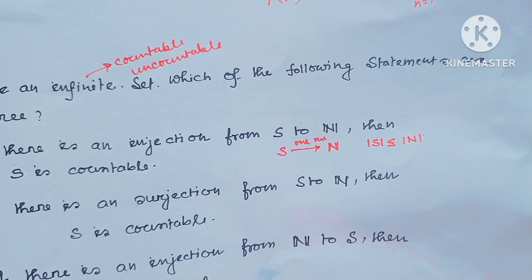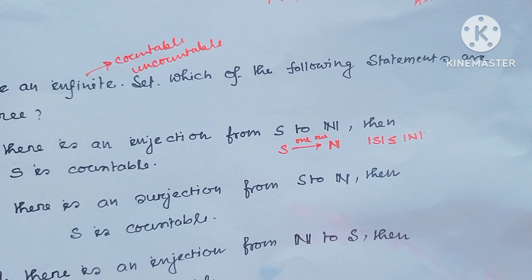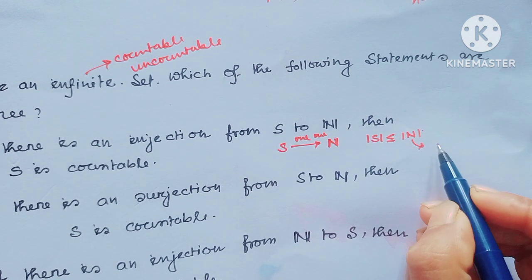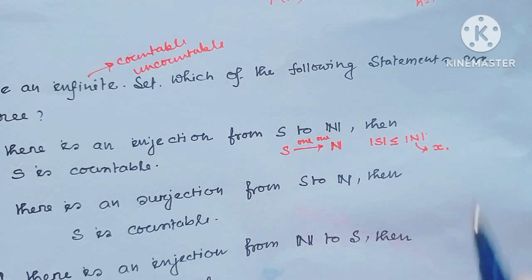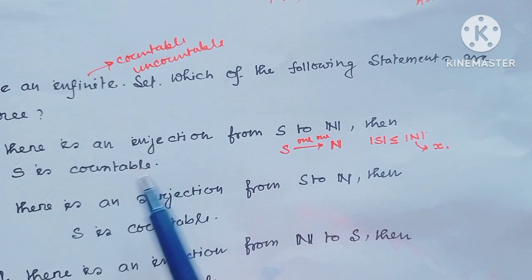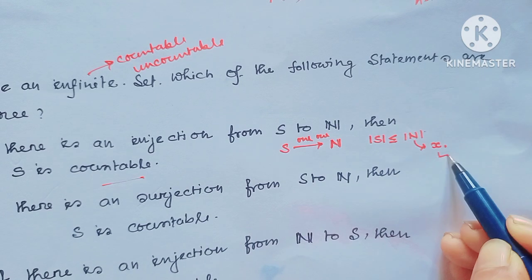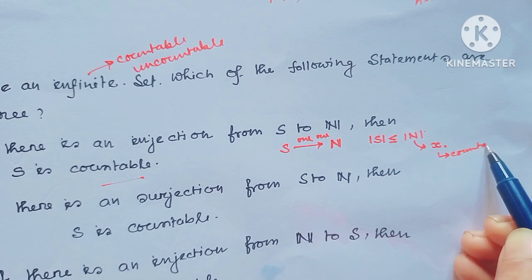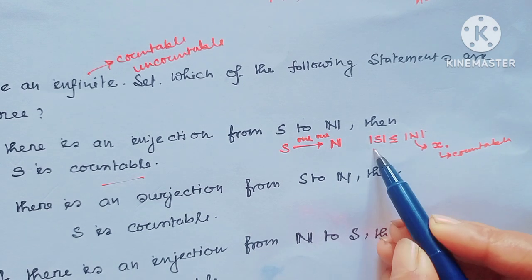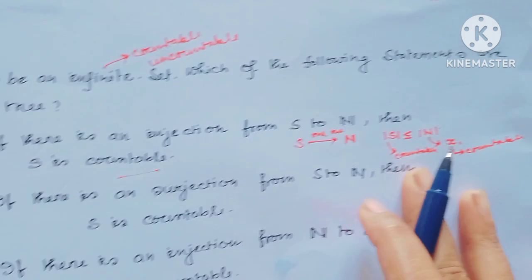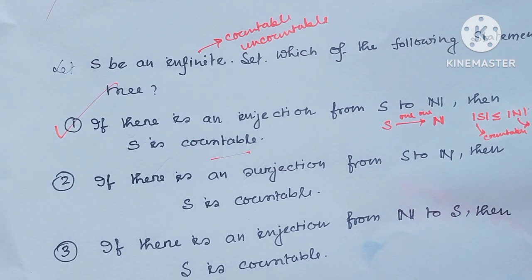Here the cardinality of N is aleph naught. Given an injection, S is countable, since we all know any subset of a countable set is countable. So obviously S is countable. I hope all my viewers have understood. So option 1 is a right option.